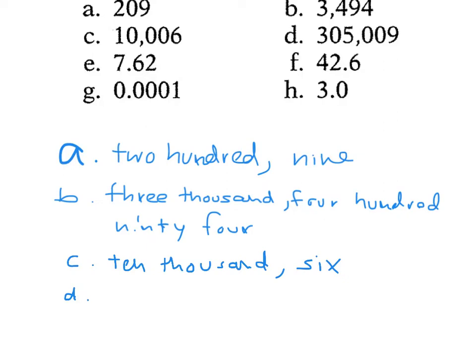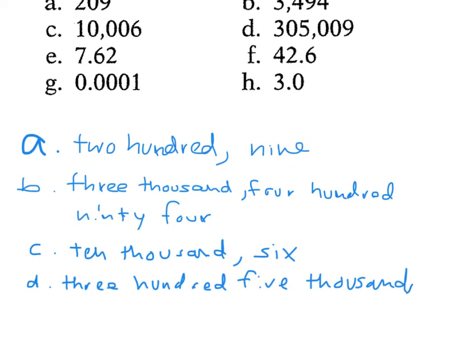D, we have 305,009, so 305,000, comma 9.